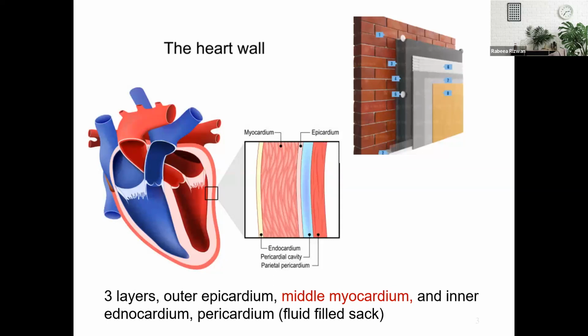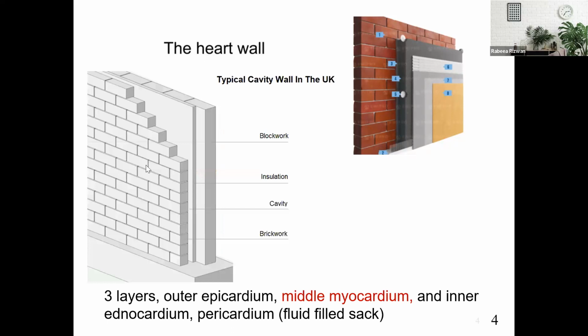So what then is the pericardium? The pericardium is actually a sac containing fluid that is present between the outer layer, the epicardium, and the myocardium, called the pericardial cavity, and this fluid is called pericardial fluid. We can relate it to the example of a wall.